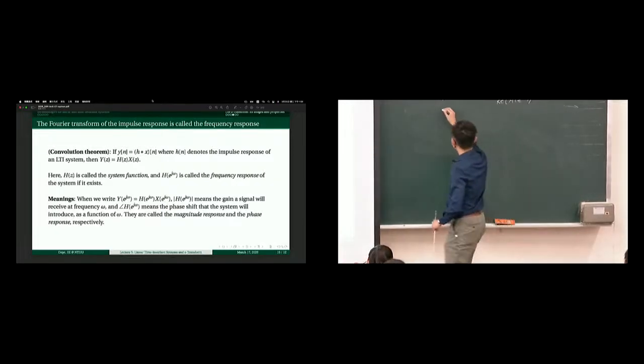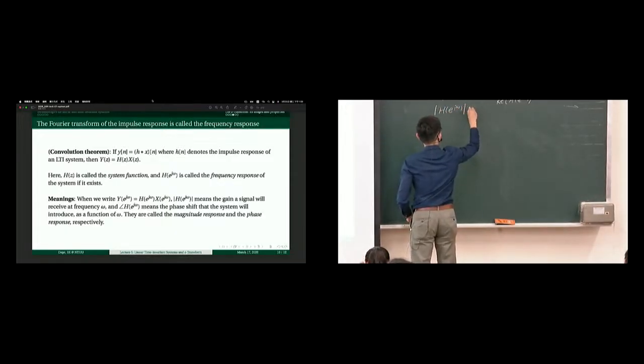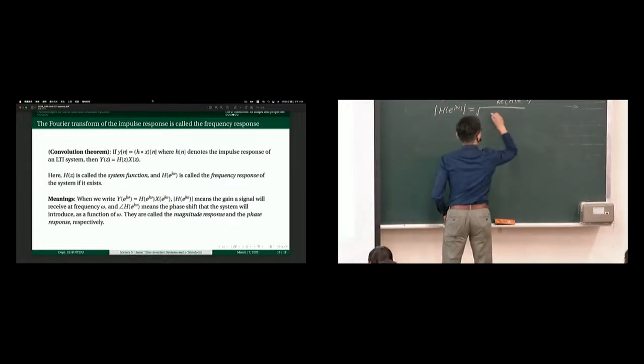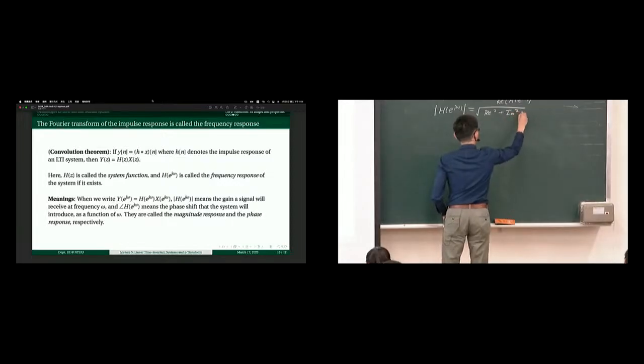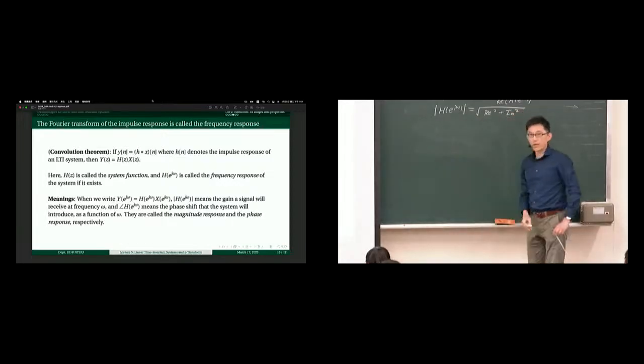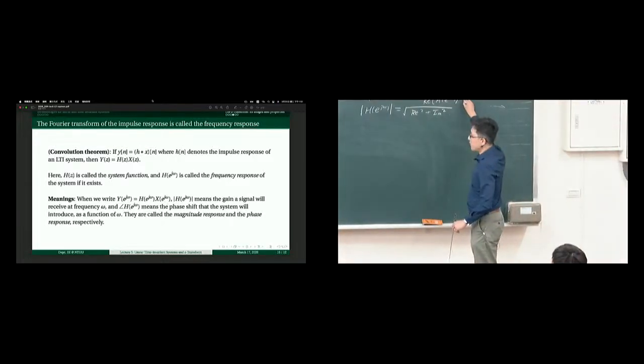The magnitude response, you know what that means: real part squared plus imaginary part squared, sum of squares, take the square root. That gives you the absolute value. That's called the magnitude response and phase response.